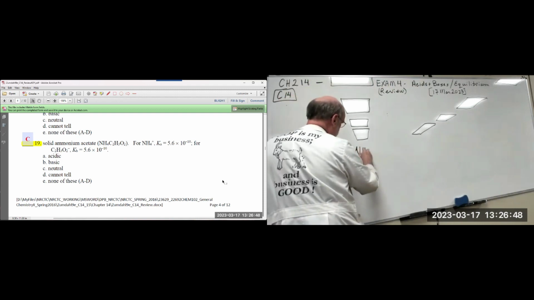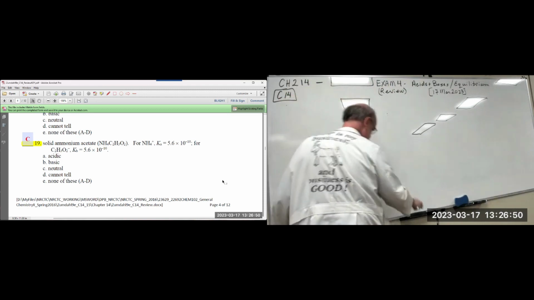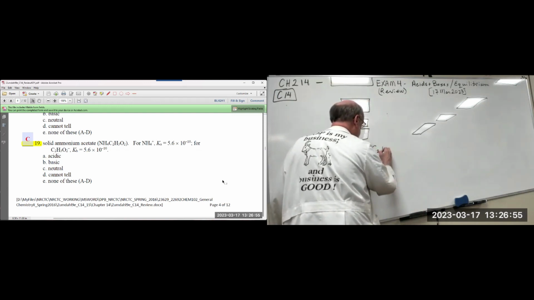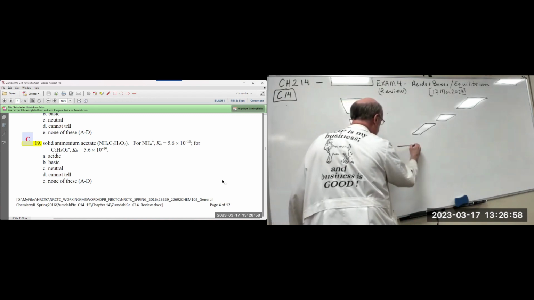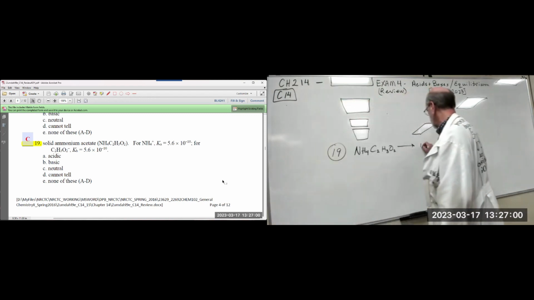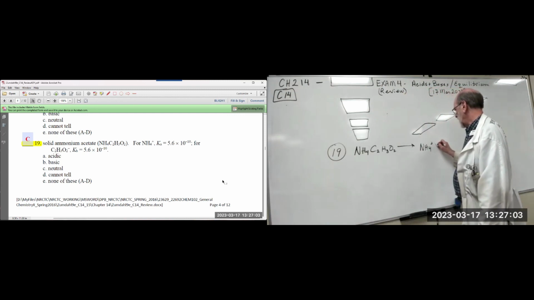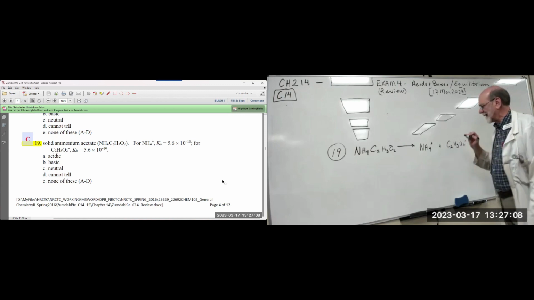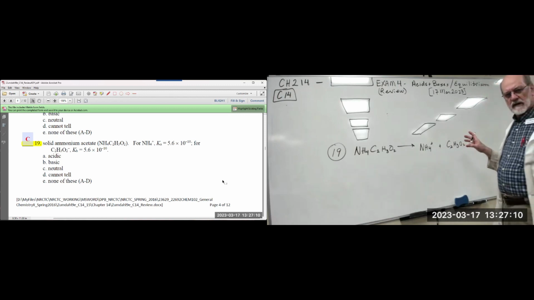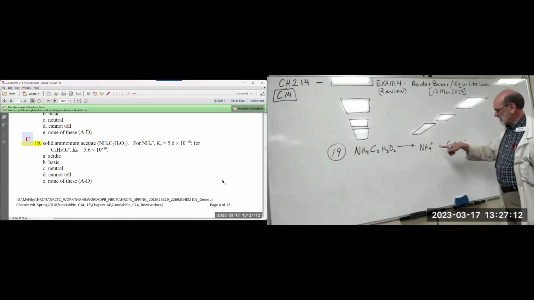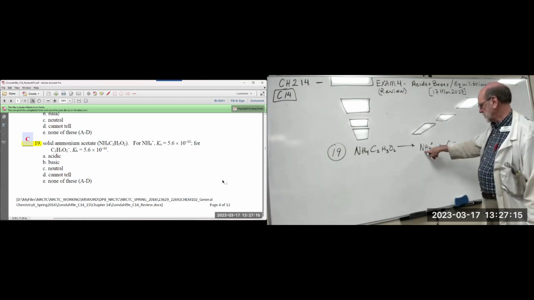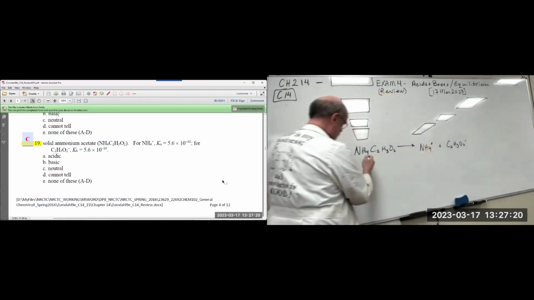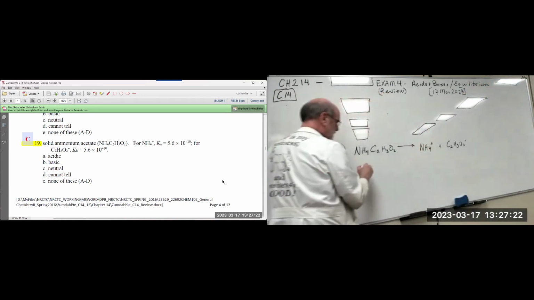So if ammonium acetate goes into solution, C2H3O2 goes into solution. It's going to completely dissolve and make that plus this. Then this, what reaction would this component do in water?